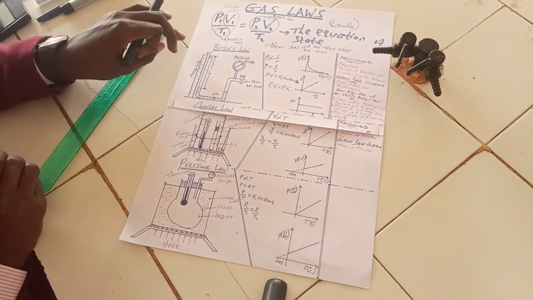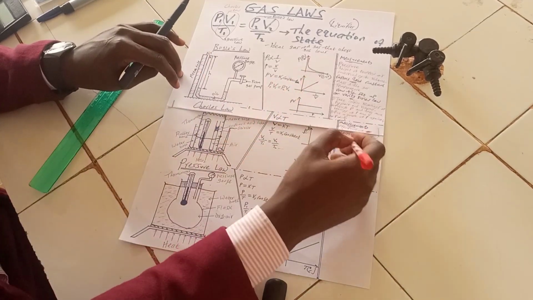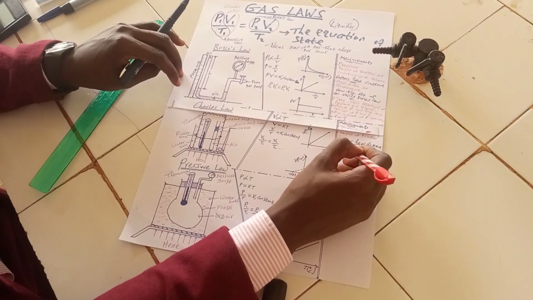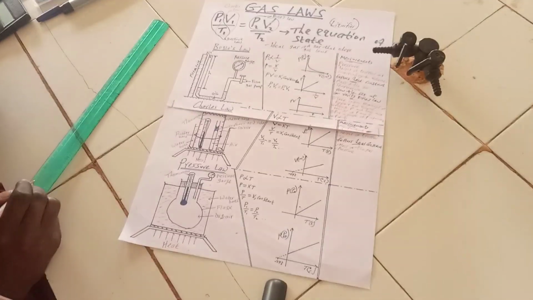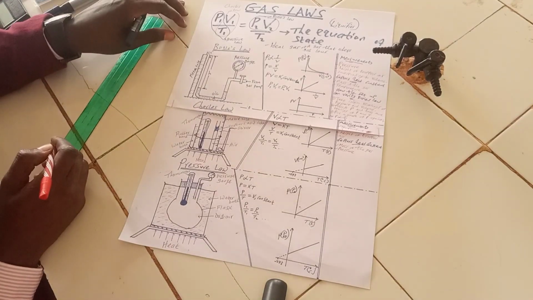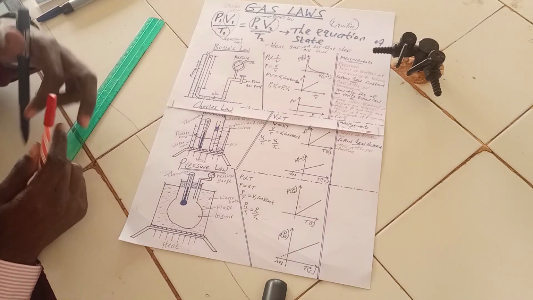And the other factor that is held constant here, because you are relating volume and temperature, is the pressure. The pressure is balanced because you are doing it at the normal atmospheric pressure.